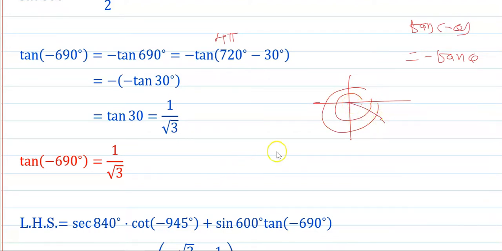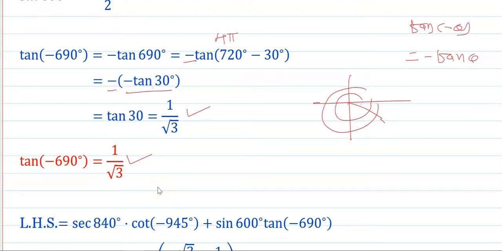It goes in which quadrant? It is in the fourth quadrant. Okay, and in the fourth quadrant tan is negative, and therefore, integral multiple of pi, function remains as it is, tan remains tan, but it is in the fourth quadrant. In the fourth quadrant tan is negative, and hence here is a negative sign. Now this negative becomes positive, and hence it is tan of 30, and tan 30 is 1 by root 3, and hence tan of minus 690 is equal to 1 upon root 3.